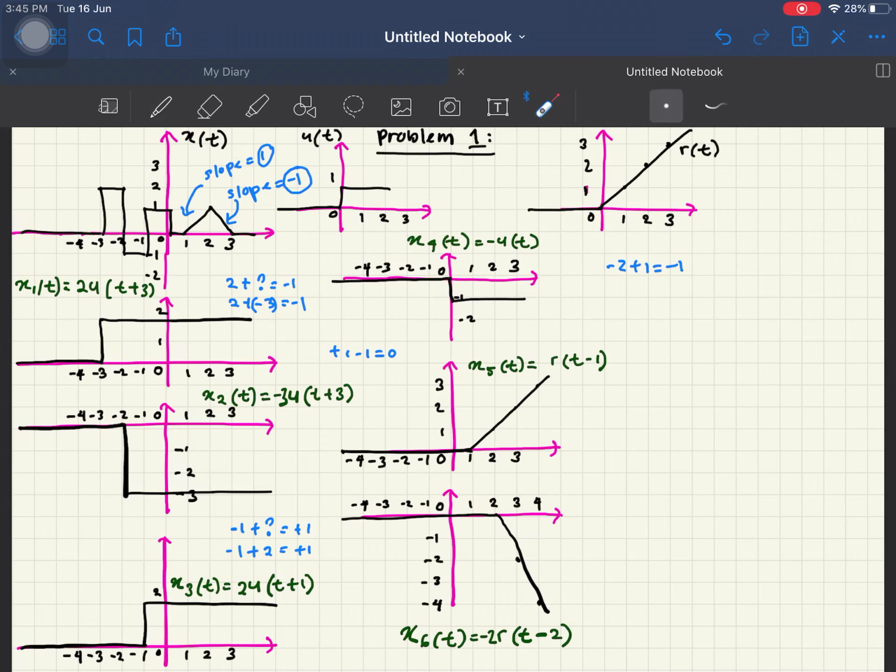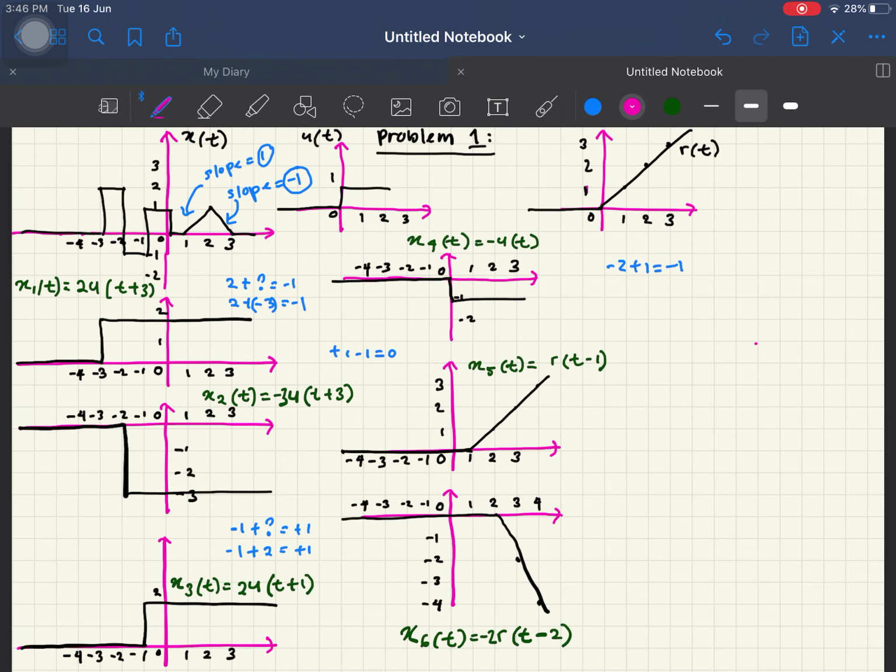Okay, next you see that starting from t equals 3, your signal becomes 0. So it means you have another ramp signal added to this one, with a slope of +1, so that it becomes 0.